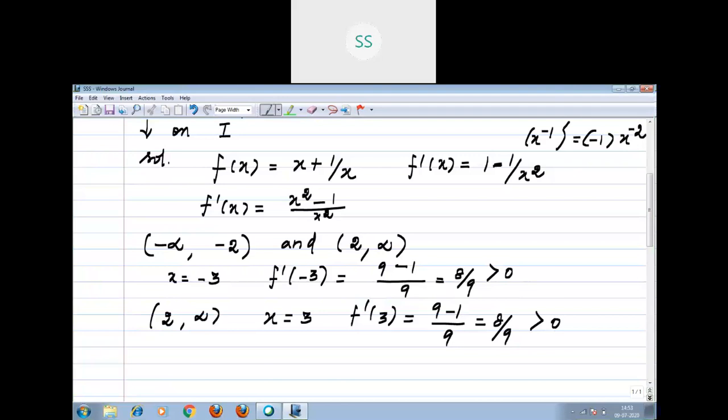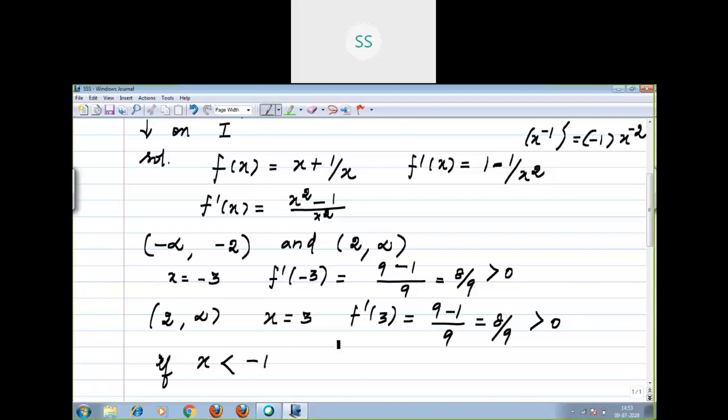How are you going to write it? If x less than minus 1, x less than minus 1 means what interval? Minus infinity to minus 1. Sorry, minus infinity to minus 2. That is the meaning.